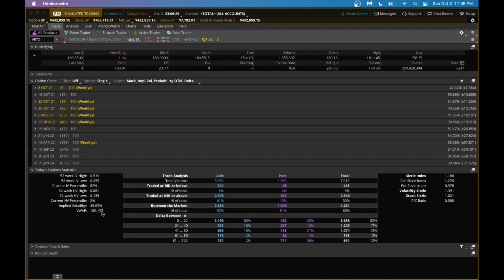Now, as a seller of put options, you've got to understand you don't want to go too far out and sell. Even though the money is more, I would say stick to around 45 to 50 days to expiration. So with that, you could look into 19 November, which is 47 days out.